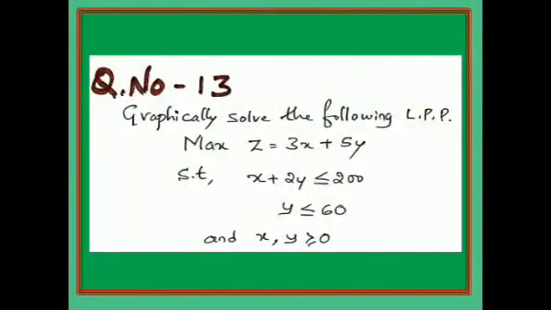The question is, graphically solve the following LPP. Maximization of z equal to 3x plus 5y, subject to x plus 2y less than or equal to 200, y less than or equal to 60, and x comma y greater than or equal to 0.